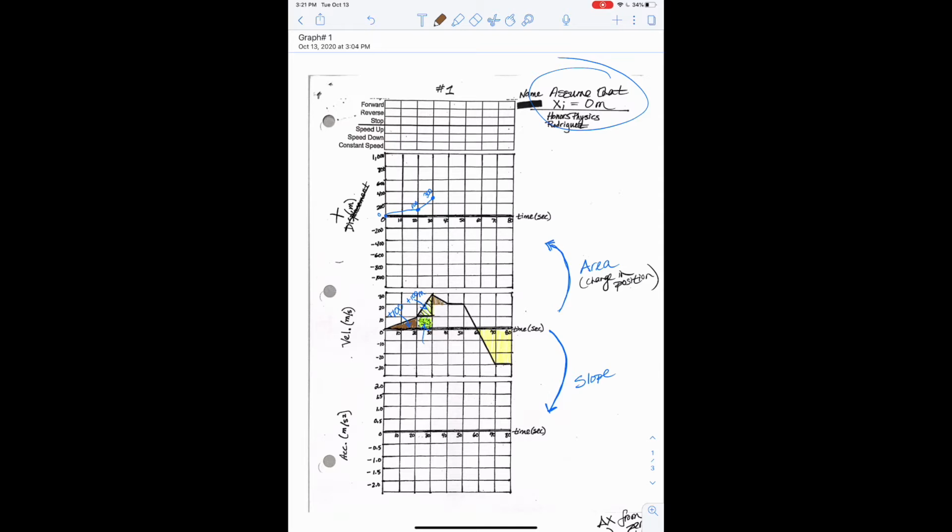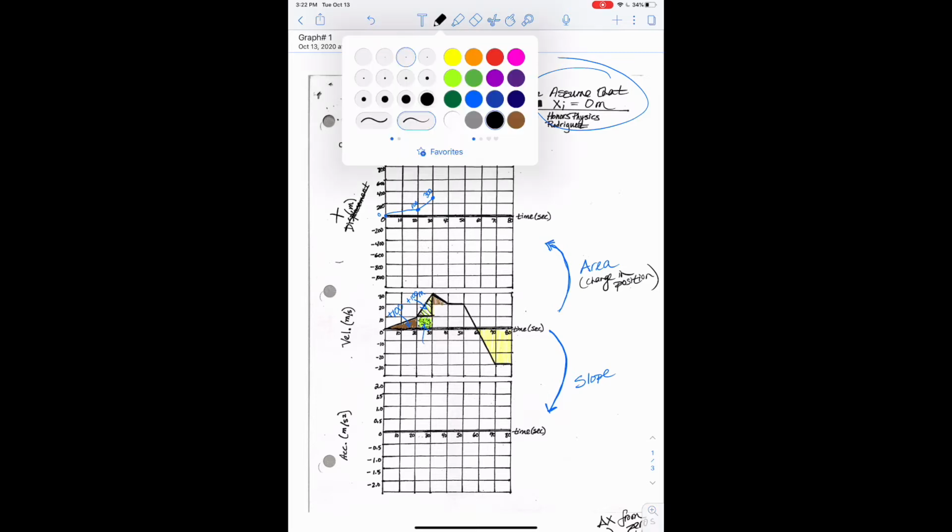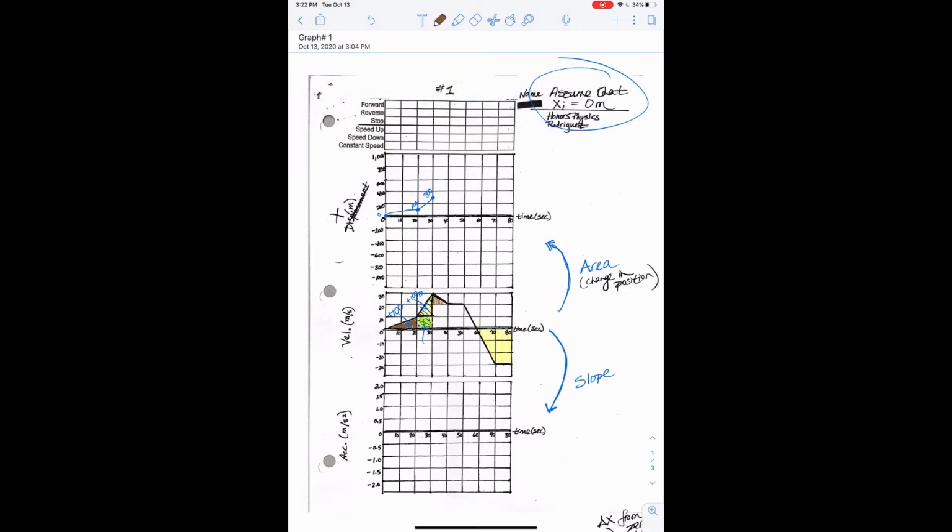For this case, we're going to pretend that graph actually looks a little bit more like that, and that's just going to make our life easier. I think it's just a typo based on whoever made this graph originally. So we're just going to deal with it like that. That's much easier to deal with, that triangle right there.